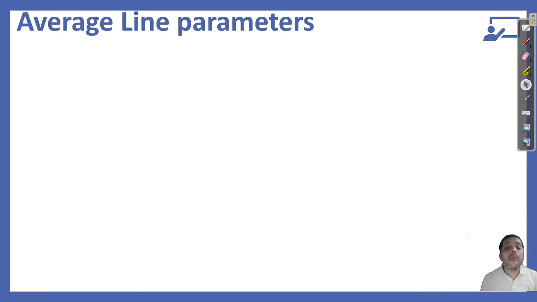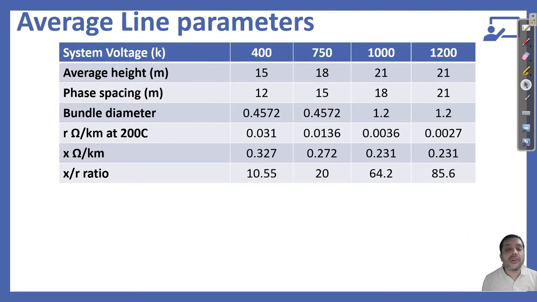Let's see the average line parameters. The line parameters are very important. For a 400 kV transmission line, the total tower height is 15 meters, and the two conductors are placed 12 meters apart from each other.